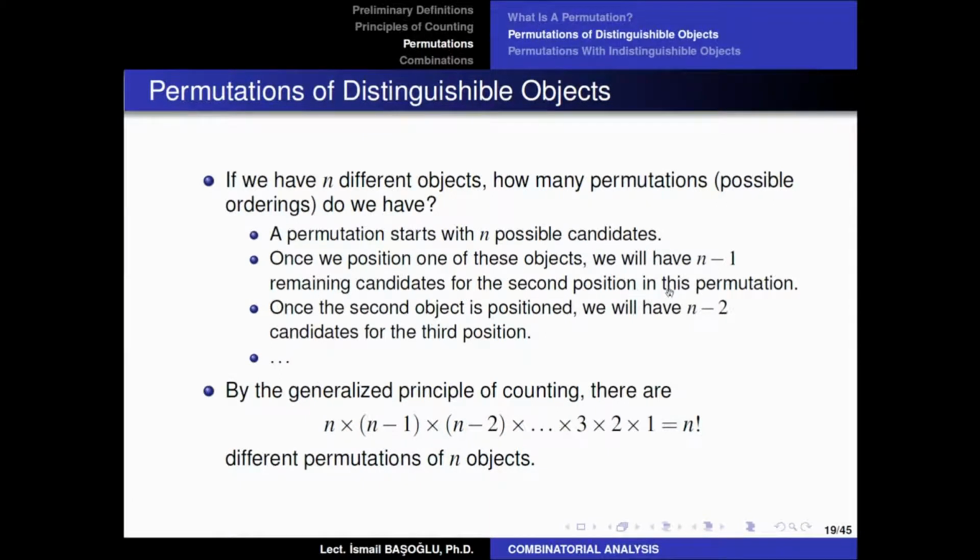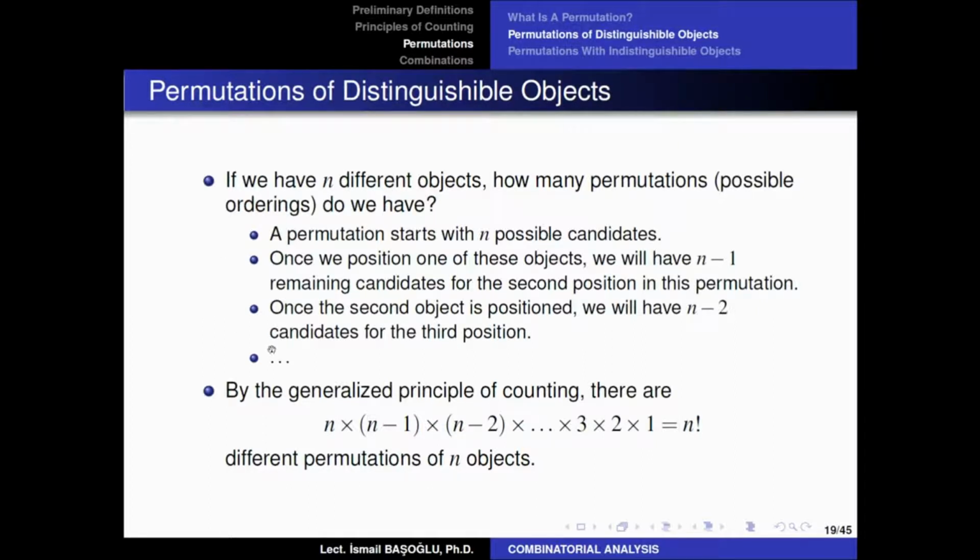So for the second position, I have n minus 1 different choices. Now, once I position the second object, for the third position, I will have n minus 2 remaining candidates, and so on and so forth. In the end, for the last position, I will only have one remaining object to position.